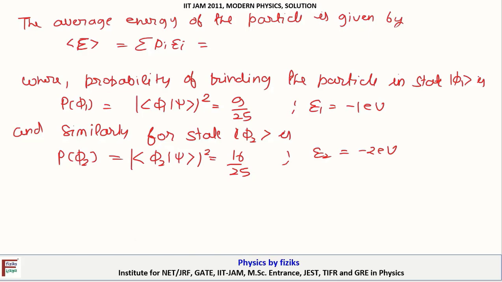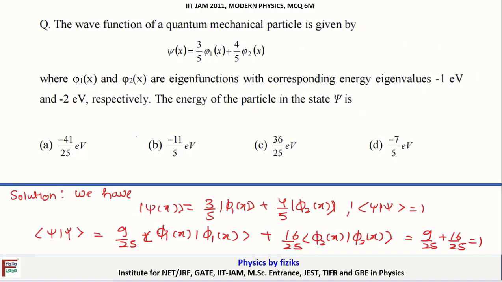So we can write it down: 9/25 × (−1 electron volt) plus 16/25 × (−2 electron volt), which is equal to minus (9 + 32)/25 = minus 41/25 electron volt. Let us check which answer is correct. Option A is correct for this problem.